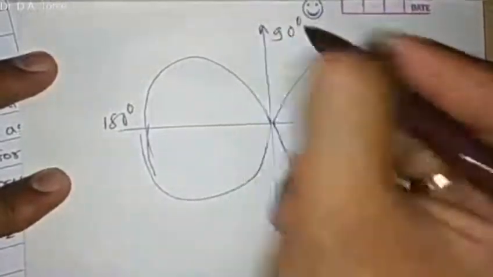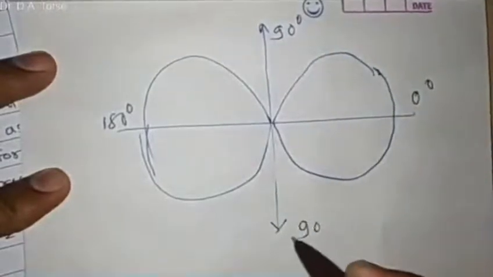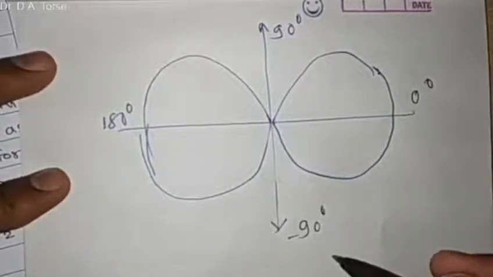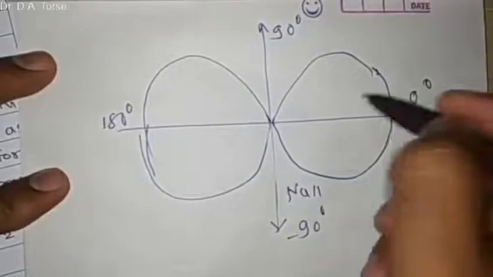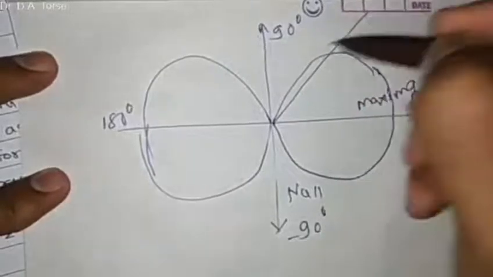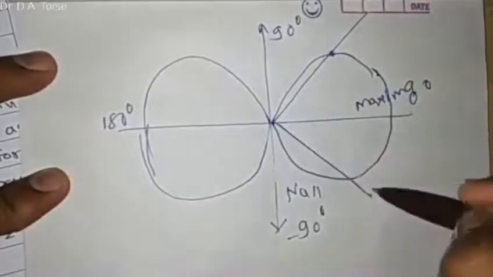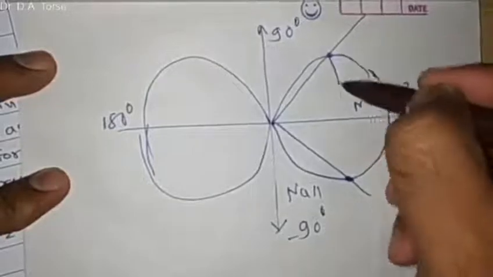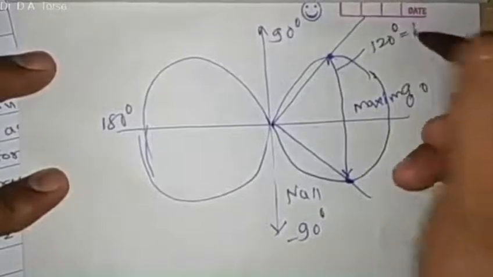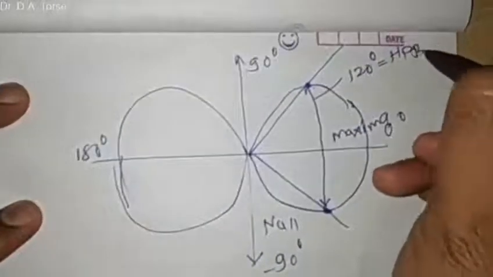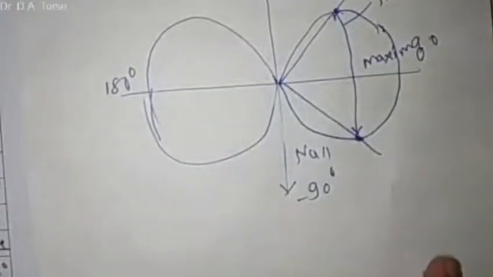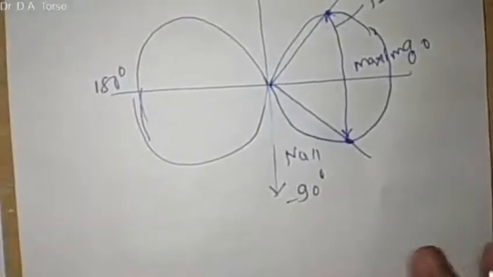In the direction of 90 and minus 90, or this can be 270 degrees, plus minus 90 degrees is null. This is representing maxima, and we have HPBW here exactly at plus or minus 60 degrees. So the total HPBW for this case will be 120 degrees.